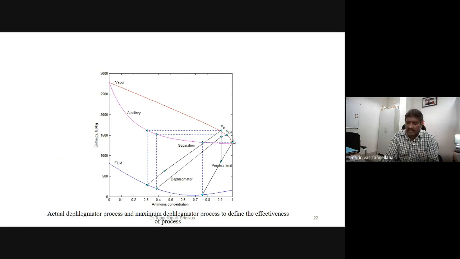So this definition is useful in numerical problems and also to define to what extent the actual depleting matter process is going on. And also you can analyze the depleting matter process, because it gives both favorable and unfavorable conditions, because we are rejecting heat to the surroundings. We are losing some energy.